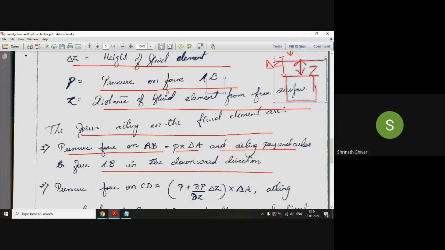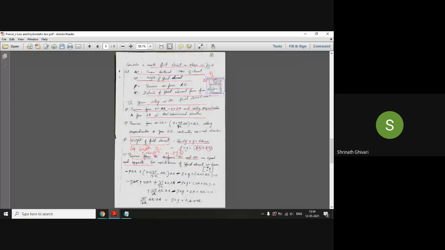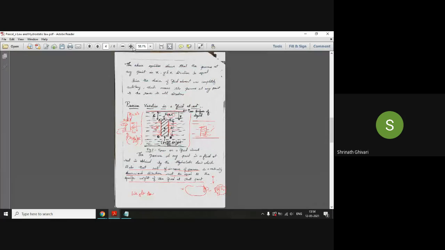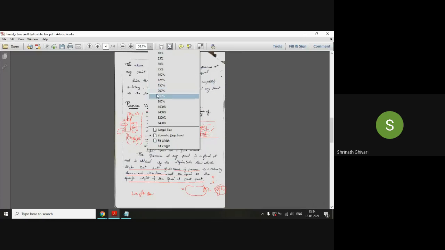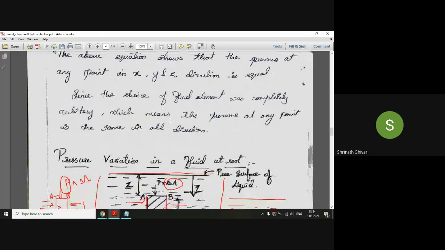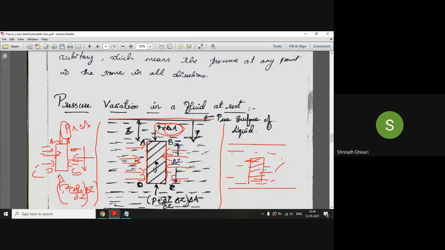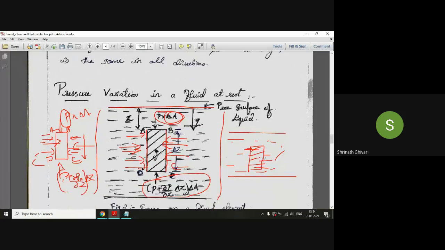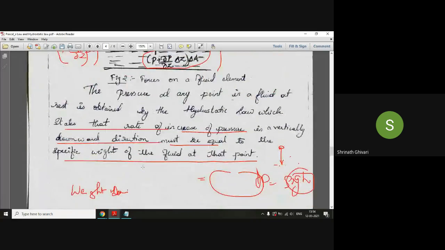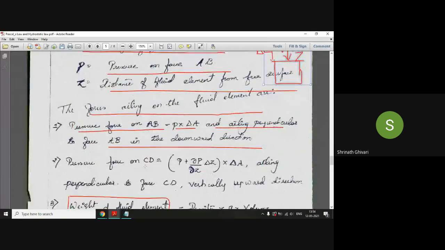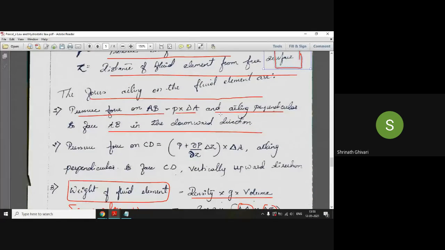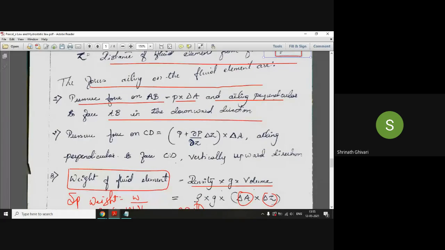The pressure force has two parts: P into delta A, and another, P plus dou P by dou Z into delta Z, into delta A, acting on face CD perpendicular to the face, in the vertically upward direction.